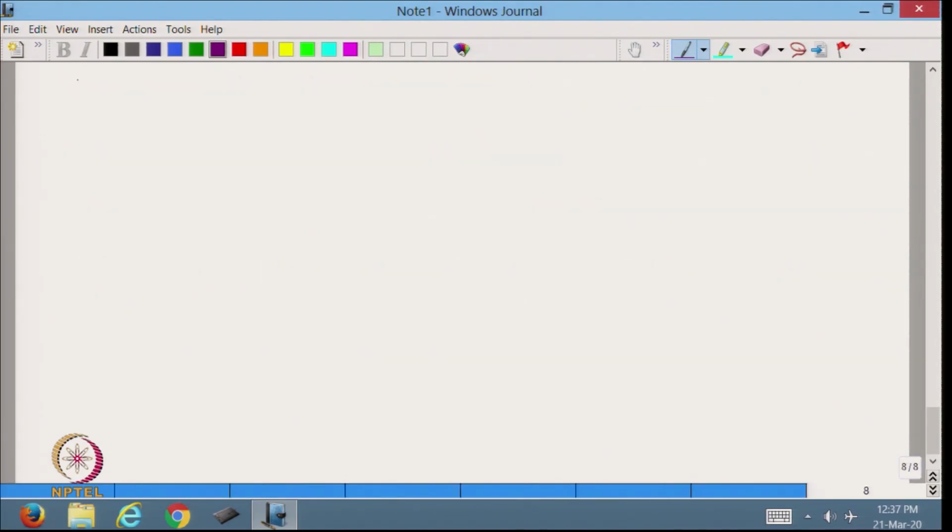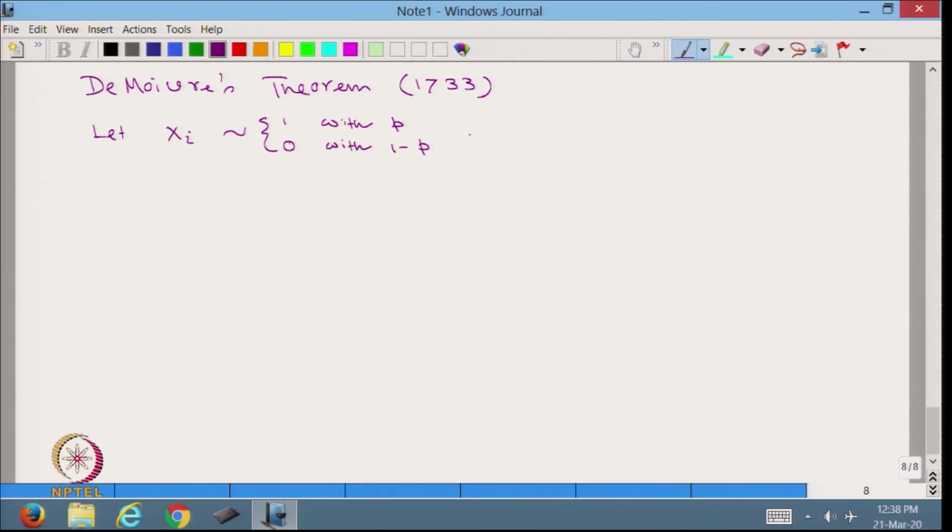One such version is de Moivre's theorem, which came in the year 1733, which says that let x_i be distributed as 1 with probability p and 0 with probability 1 minus p, where 0 less than p less than 1.